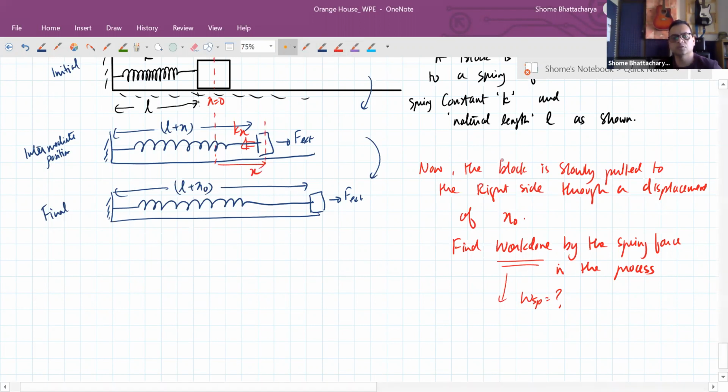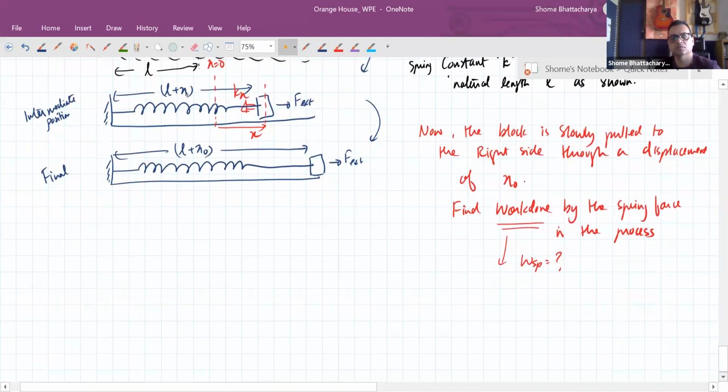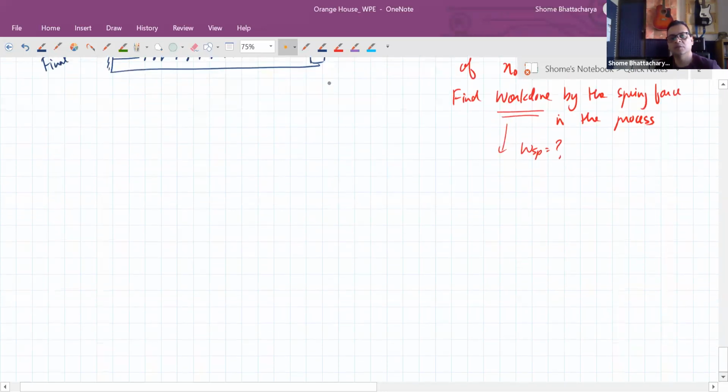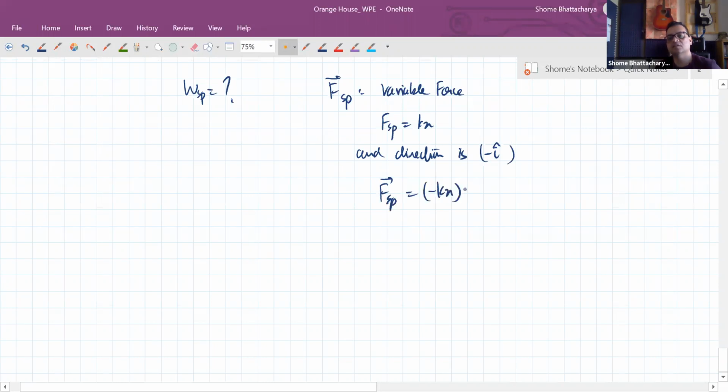Okay, so we can see that we want to calculate work done by spring force, but the spring force is a variable force, because its magnitude is kx and direction is minus i cap. Okay, so we can write the spring force here as minus kx i cap like this.